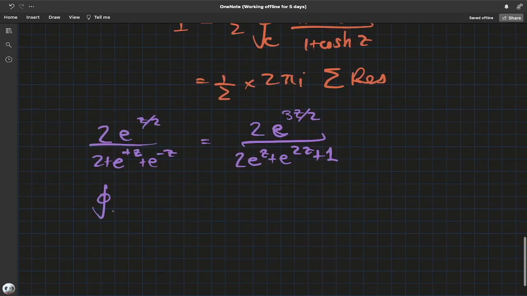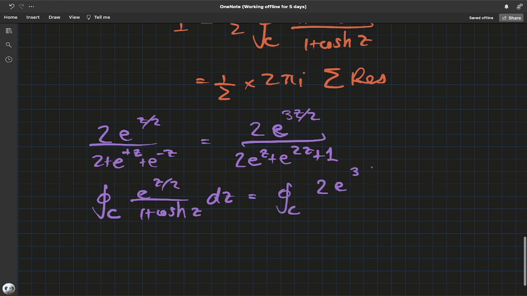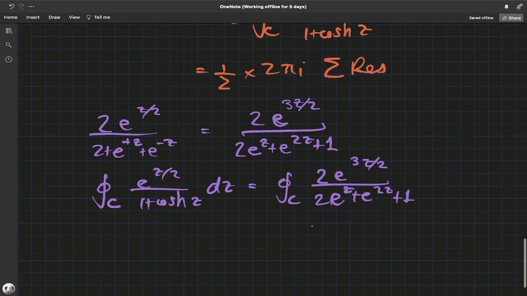And so basically our contour integral, e raised to z over 2 divided by 1 plus hyperbolic cosine z, dz, I wrote with this substitution to be 2 e raised to 3z over 2, over 2 plus 2 times e raised to z, e raised to 2z plus 1.